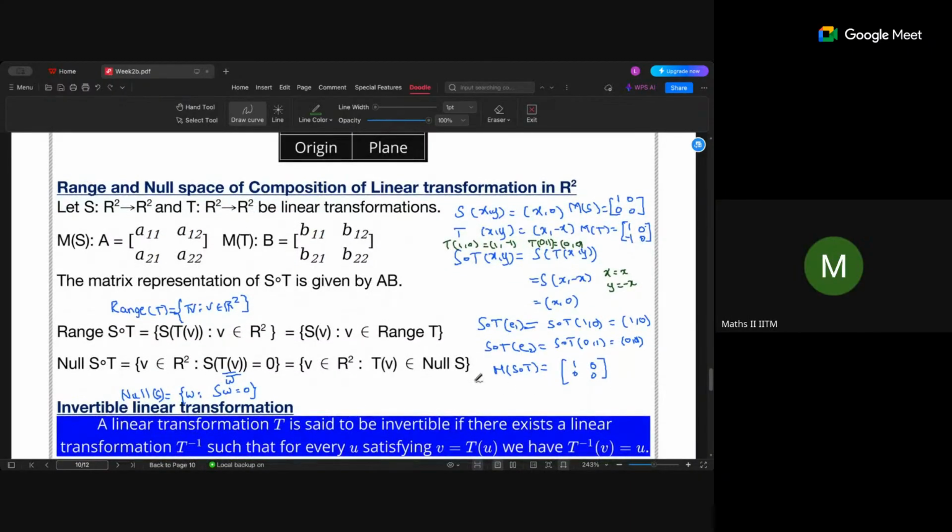So you can note that M of S composition T is the same as M of S into M of T. This you can verify, it is just the product of these two matrices. So that is the composition of linear transformations. I hope it is clear.